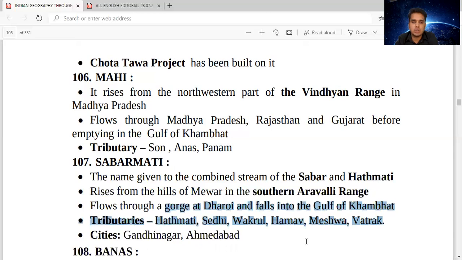Cities are Gandhinagar and Ahmedabad. So the name was given to the combined stream of Sabar and Hathmati. Southern Aravalli range, tributaries Hathmati, Sedhi, Vakrul, Harnav, falls into the Gulf of Khambat.